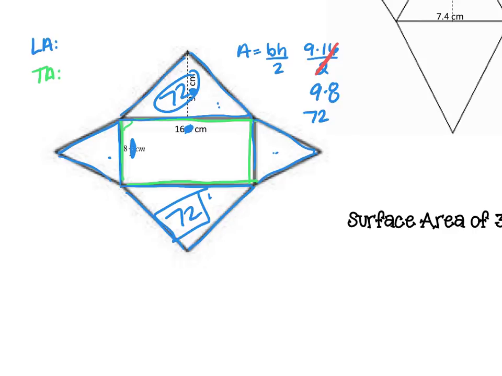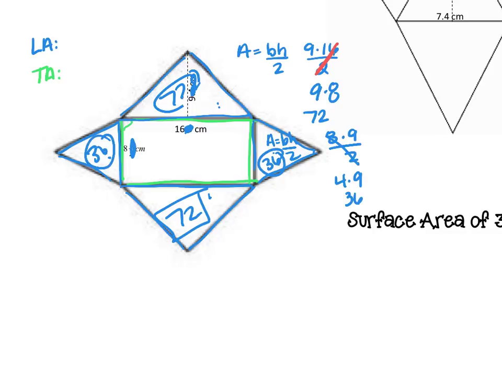Okay, the other triangle is here. It's base times height divided by 2. So base is 8. And since it's a pyramid, the height is the same thing, right? So it's 9. So we got 4 times 9 is 36. So this is 36. This is 36.